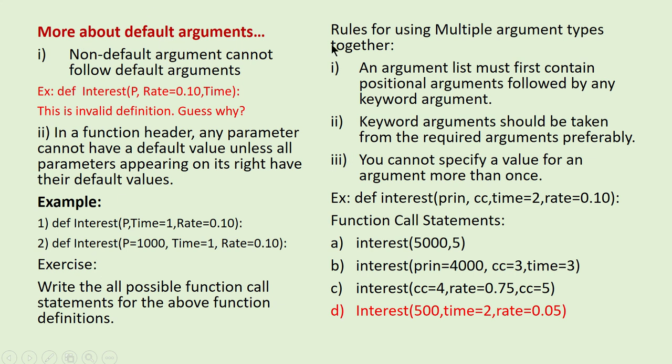Now let us understand the rules. We have 3 argument types. If you are planning to use all 3 types in your function header, what are the rules to be followed? First, an argument list must first contain positional arguments followed by any keyword arguments. Because for a positional argument I will not specify any name, it should come first.